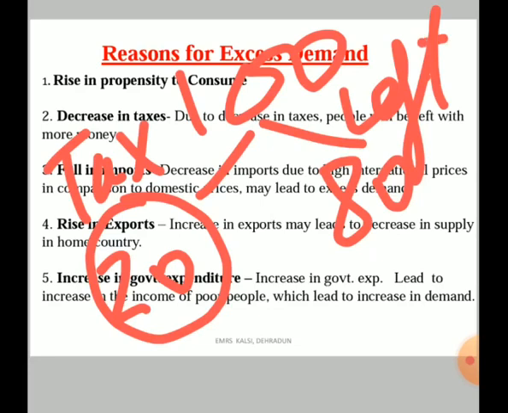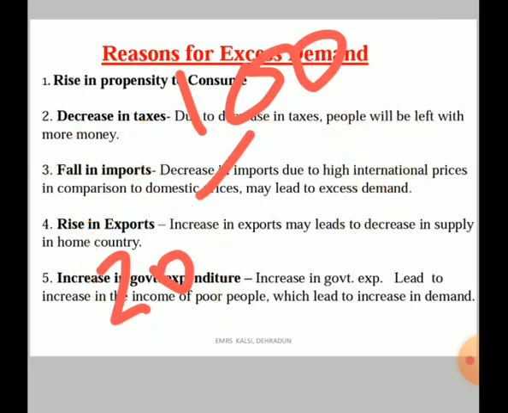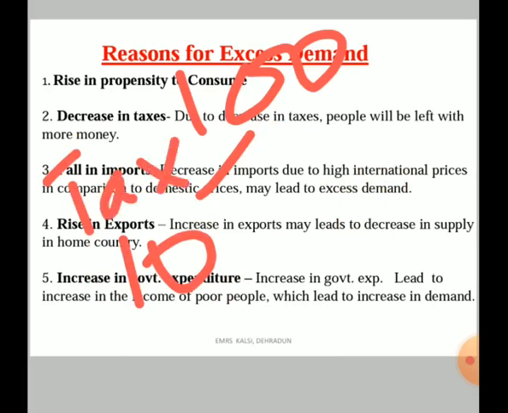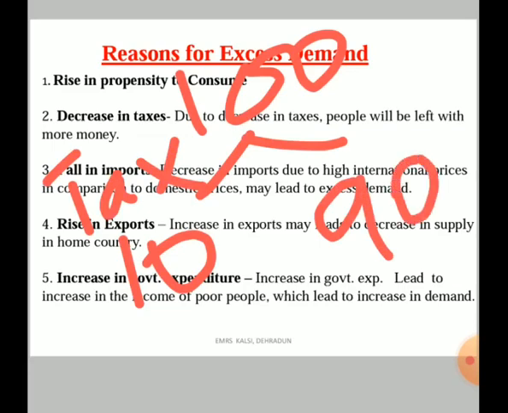Now the government decides to reduce the tax. Out of this 20 rupees, they are now asked to give 10 rupees tax. How much amount will be left with them? They will be left with 90 rupees.